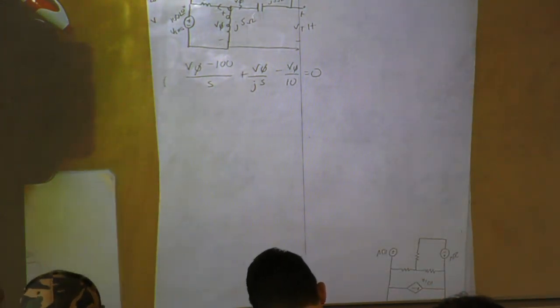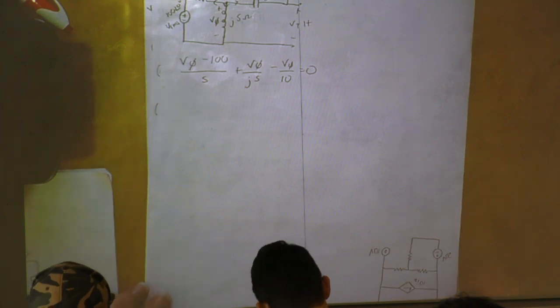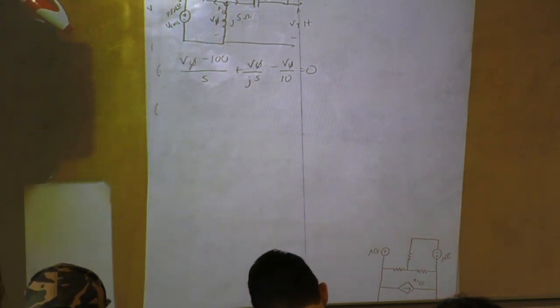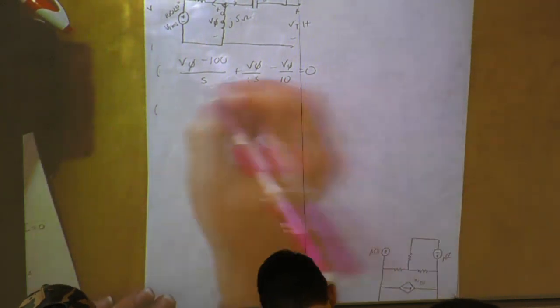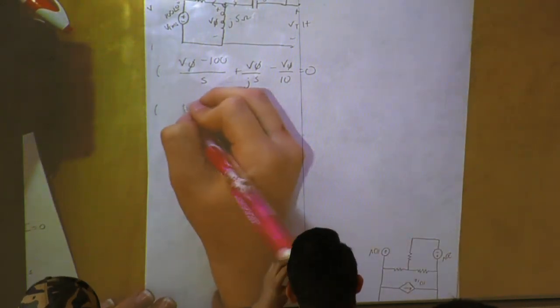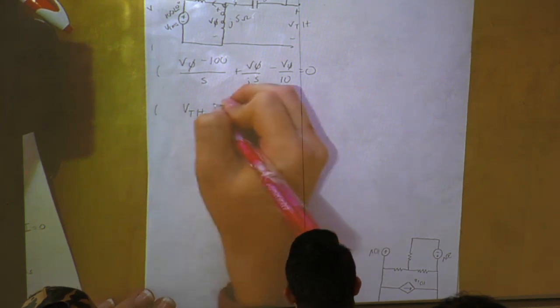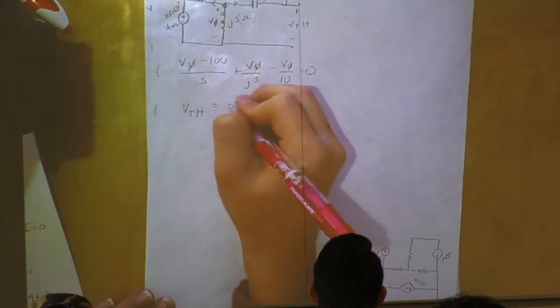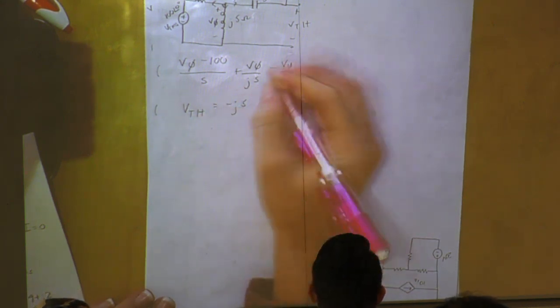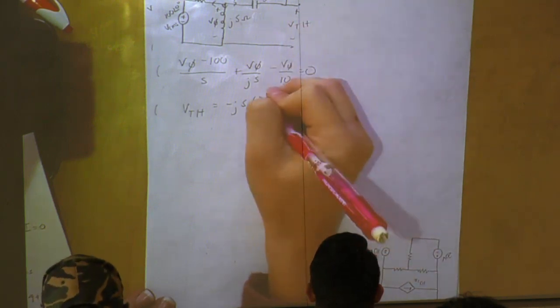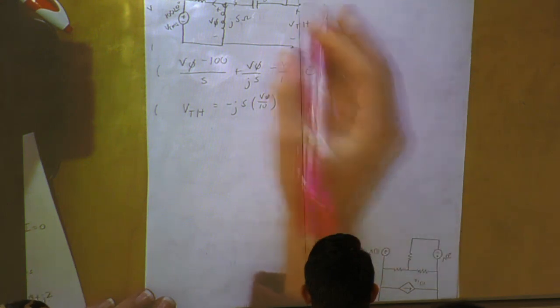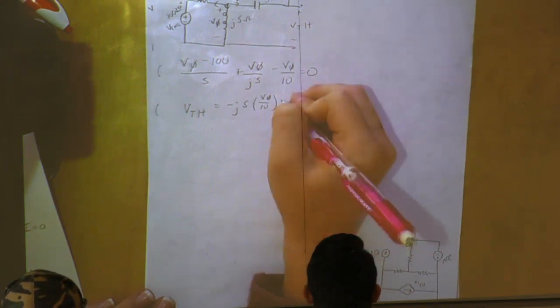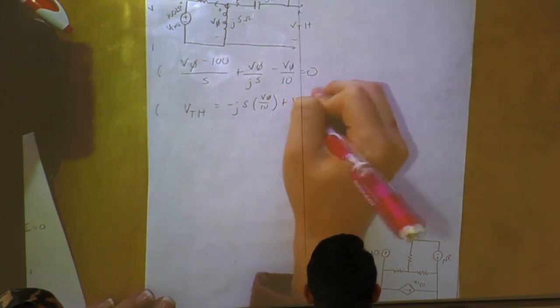We'll need one more equation to involve V_TH with our V phi. It'll come out to V_TH is negative j5 times our current. This is V phi all over 10, and then plus V_P.